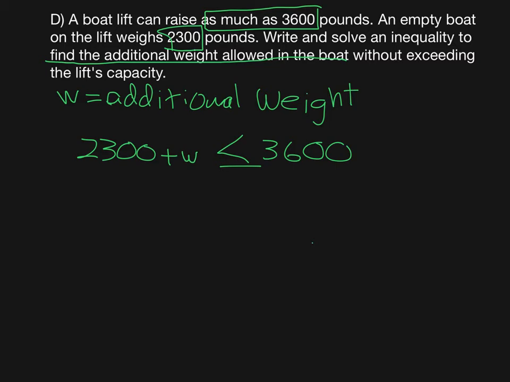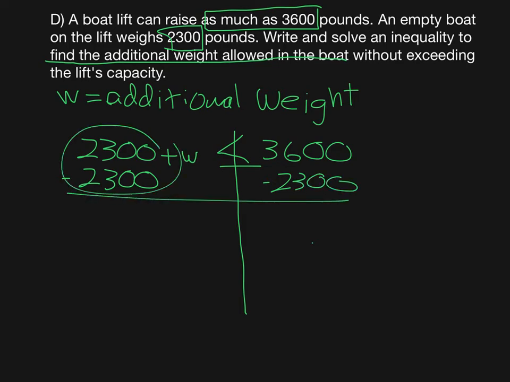So to find the answer to this inequality, we just have to solve it. We draw our line through the middle, or down through the inequality sign. Now I have 2,300 plus W, so we have addition going on here. This is a positive number, so I'm going to subtract. 2,300 minus 2,300 is going to give me 0.